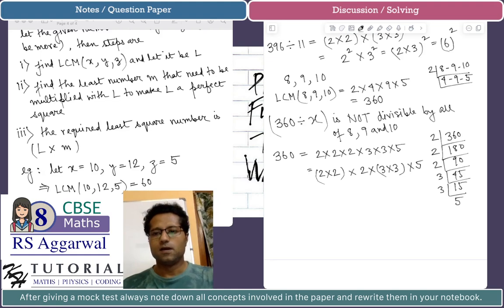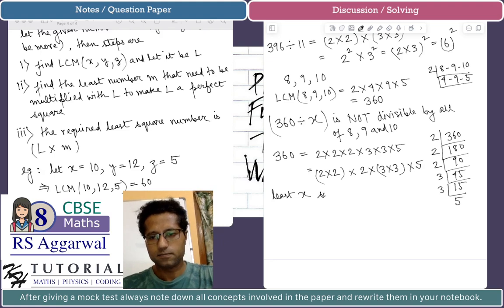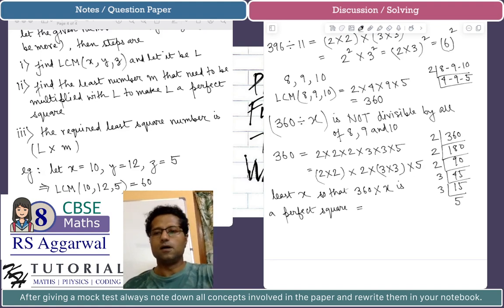So now the least number, least x, so that 360 multiplied by x is a perfect square, we have to find from the prime factorization.